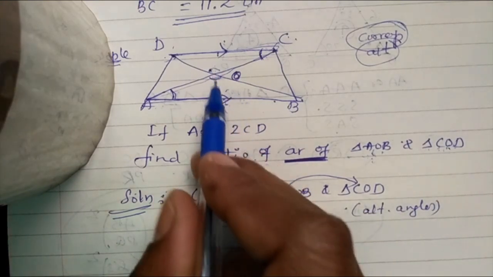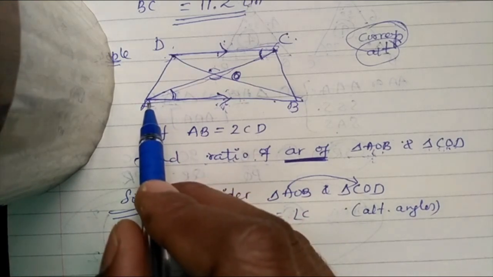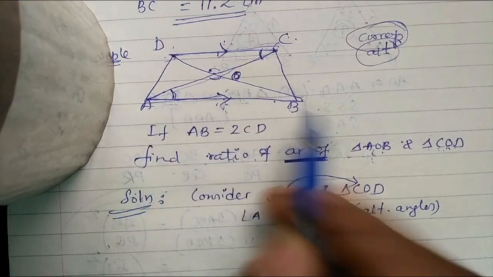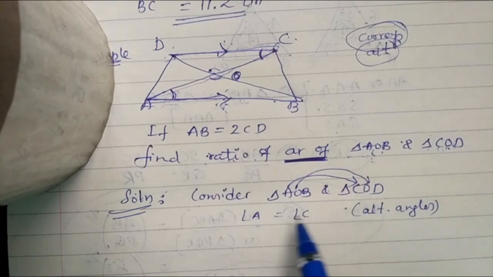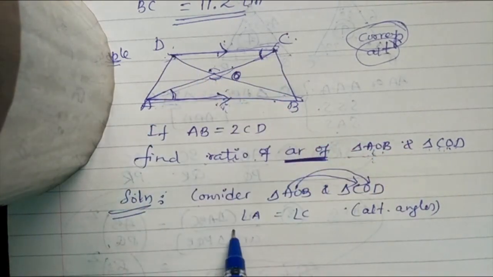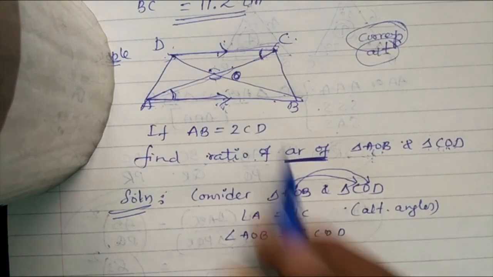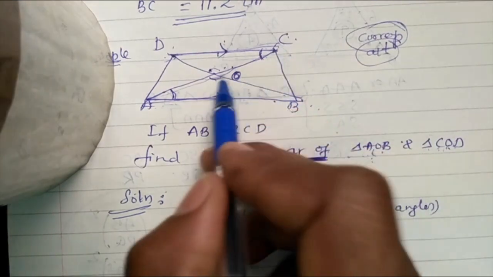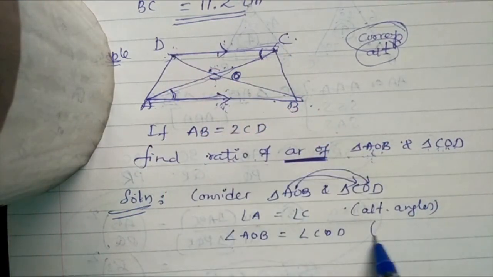Next, both the O's are vertically opposite angles. That means angle AOB is equal to angle COD. Why? Because angle AOB is equal to angle COD, vertically opposite angles.